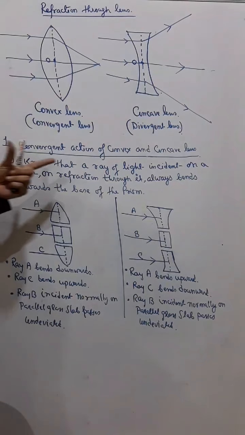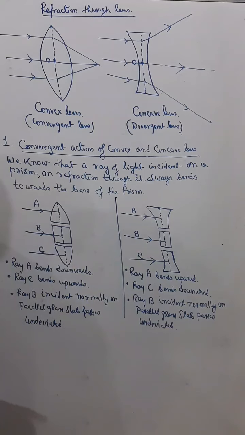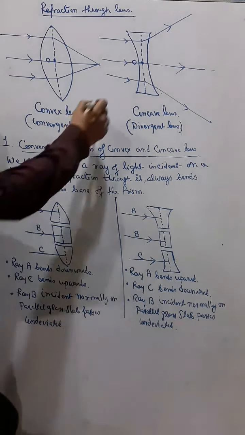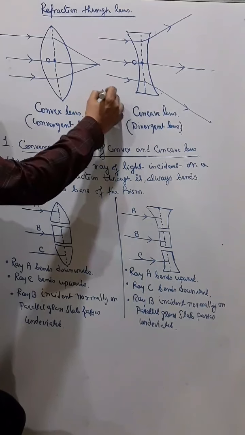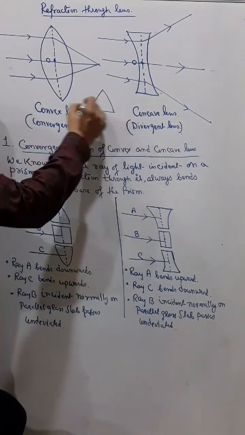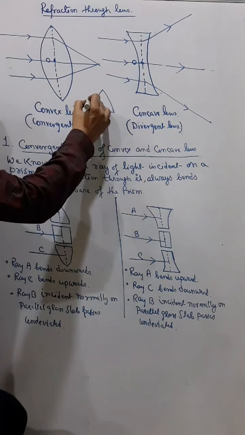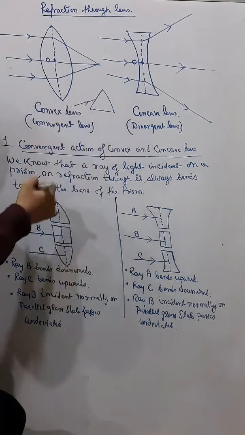Now we know that a ray of light incident on a prism, on refraction through it, always bends towards the base of the prism. If you remember, if you have done the refraction of light through a glass prism, when ray of light was incident on a prism, this is the normal, they are bending towards the base.